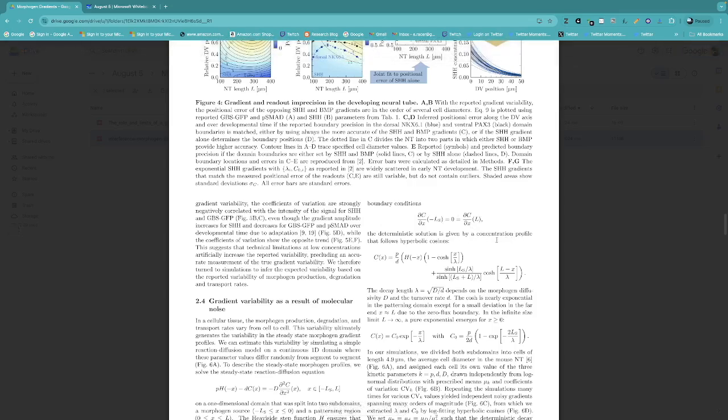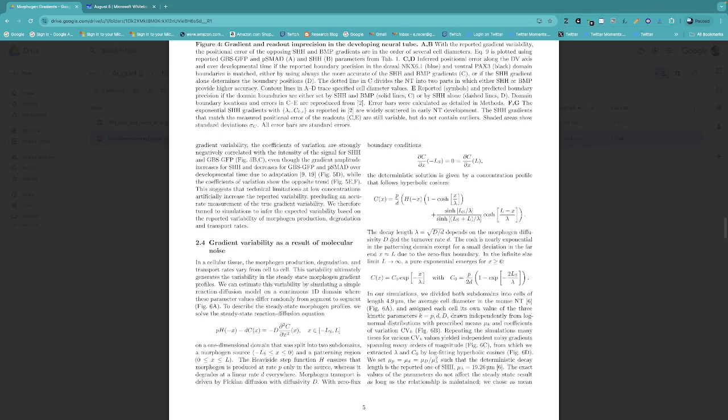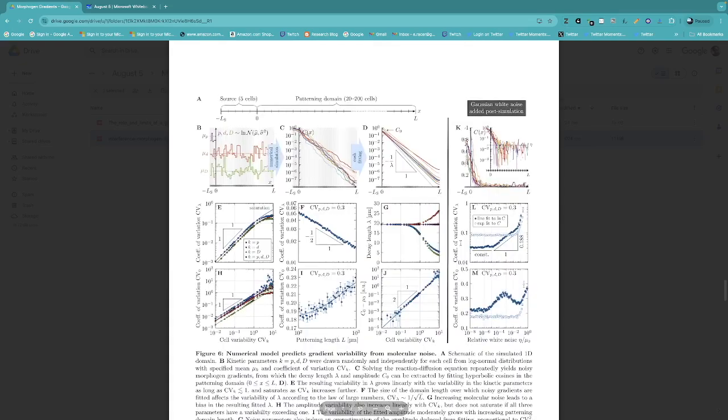This gives you a concentration profile that follows hyperbolic cosines, and this decay length, which is capital D divided by small d, and the square root of that, which is equal to lambda, depends on the morphogen diffusivity, capital D, and the turnover rate, small d. So it's the square root of the diffusivity over the turnover rate. And so this is a numerical model that predicts gradient variability from molecular noise.